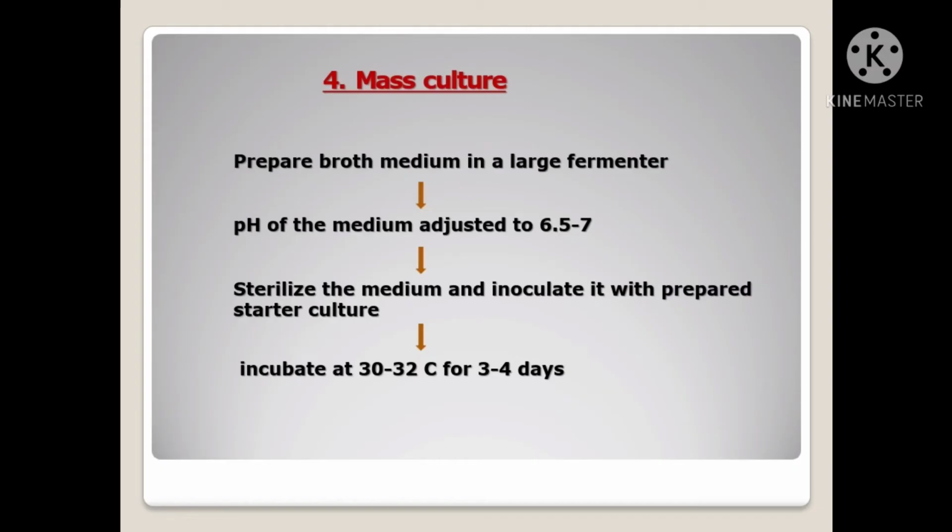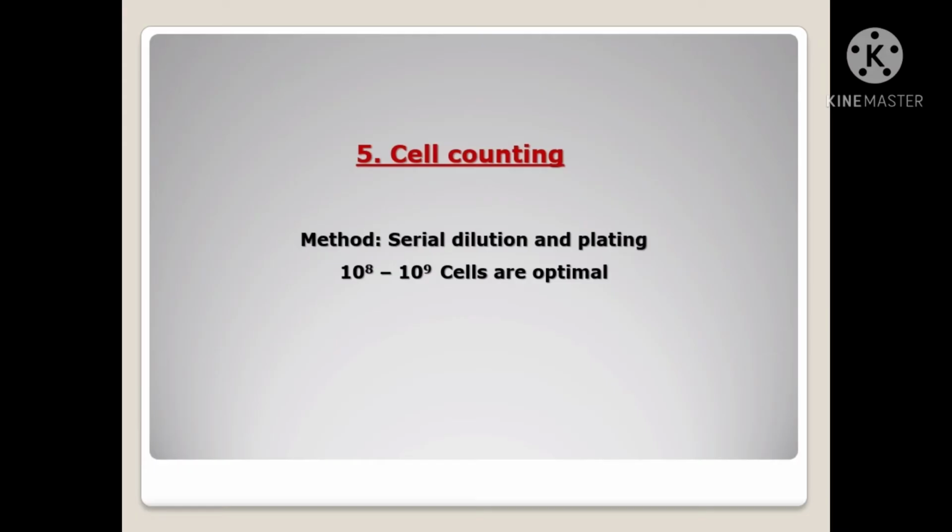Now the mass culture is ready in a large fermenter. Cell counting. The most common method used for cell counting is the serial dilution and plating method. Usually 10 to the power 8 to 10 to the power 9 cells are optimal for biofertilizer preparation.